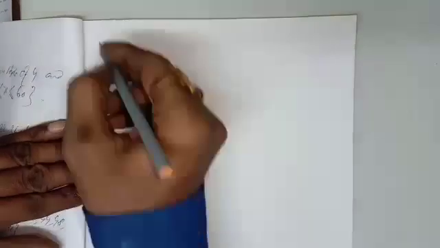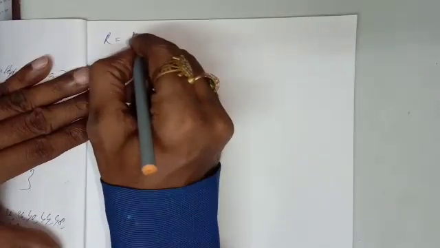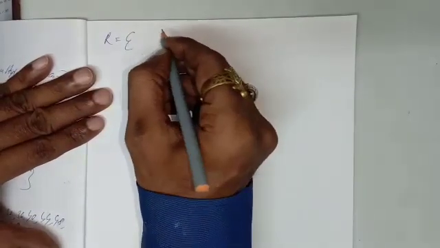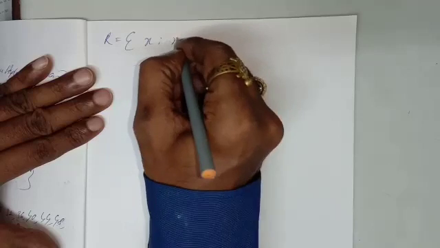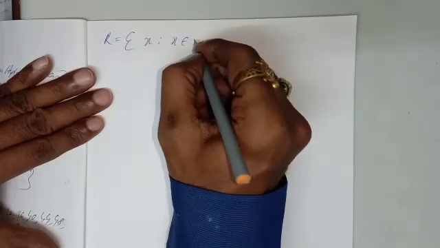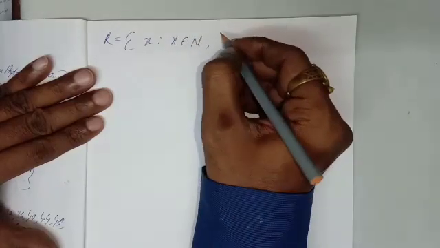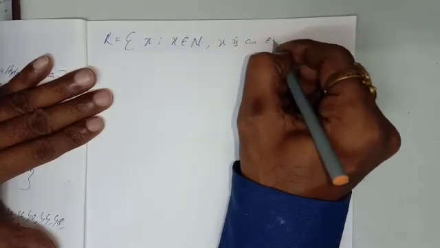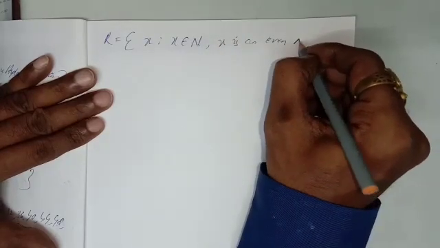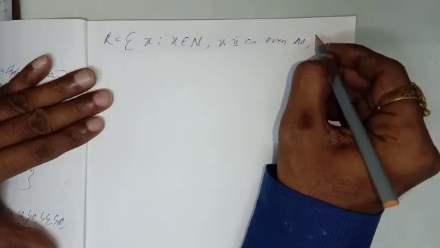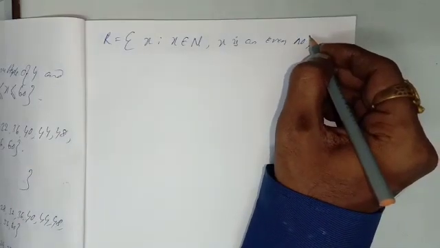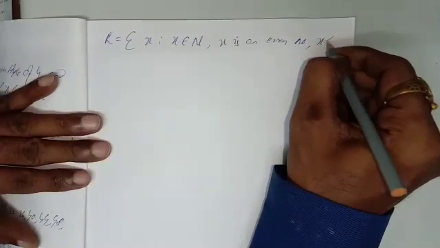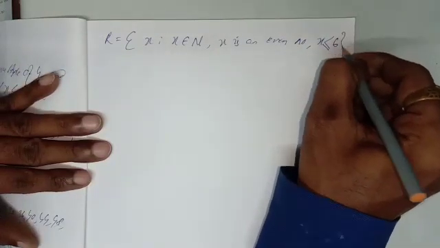R is a set with the condition x such that x belongs to natural number, x is an even number, meaning even natural number, and x less than or equal to 6.